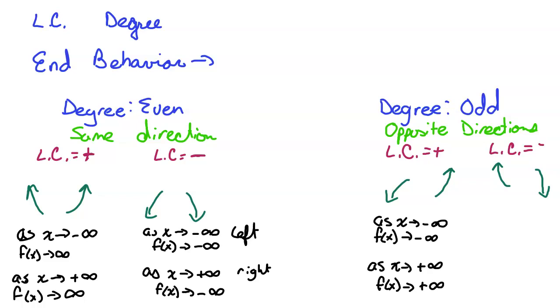If your leading coefficient is positive, the right side of your graph will be positive. As x approaches negative infinity, f of x approaches positive infinity. As x approaches positive infinity, f of x approaches negative infinity. If your leading coefficient is negative, the right side of your graph will be negative.